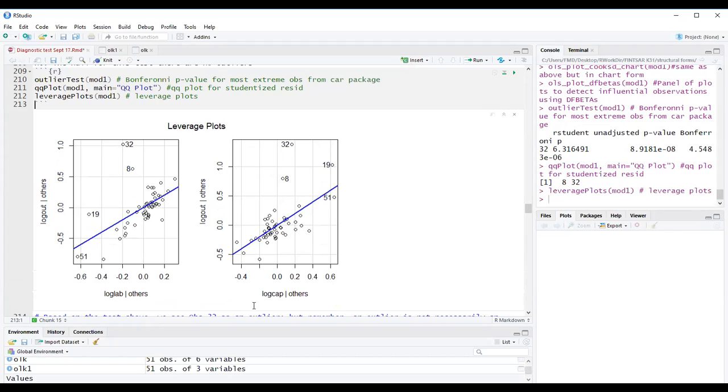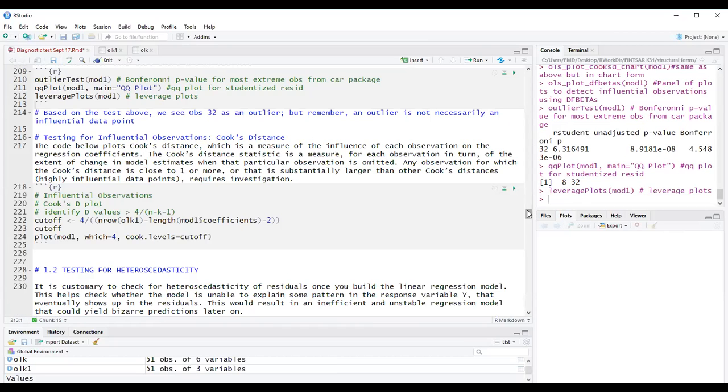Sa log lab at saka sa log cap. Okay? So I hope clear sa inyo guys yung discussion ng outliers, leverage, influential. Bottom line, pinaka-importante guys yung influential point. Kasi the addition of that really affects your predictors. Okay, nakaka-apekto talaga siya sa predictors.